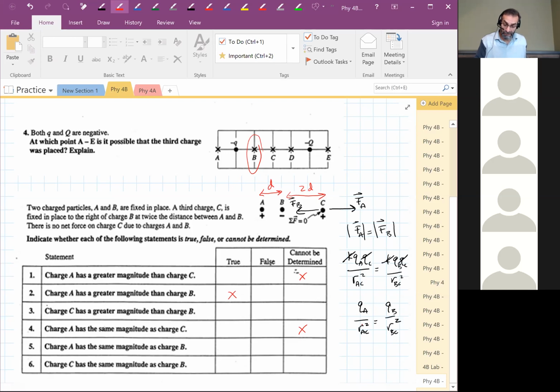So yeah, QA and QB are different. Now it says charge A is the same magnitude as B. That's not right. We already said that one of them had to be bigger, A had to be bigger. And now we're comparing C with something. We don't know what C is.